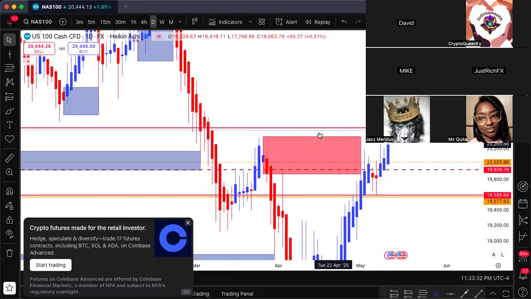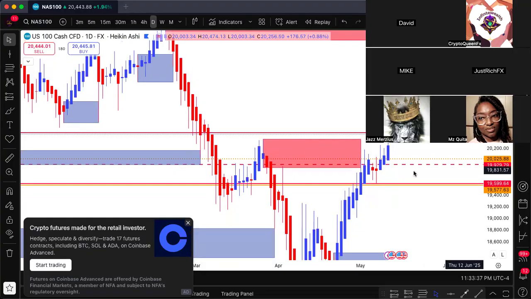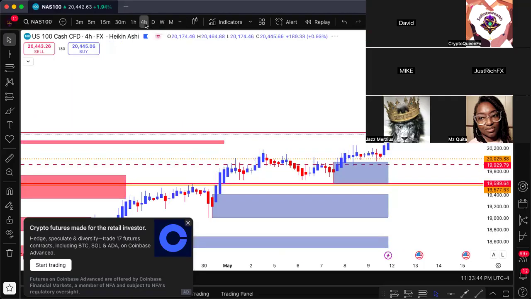Just above this order block here, this daily order block, and it's a candle above the 4 hour.